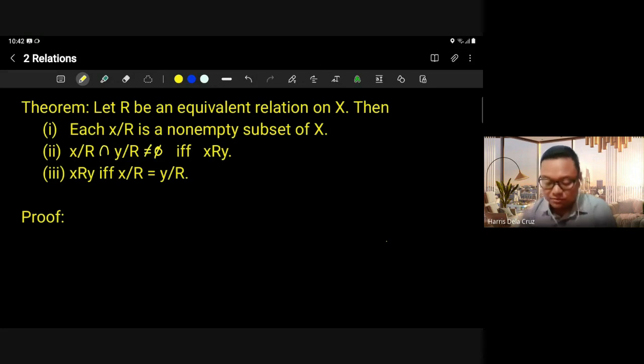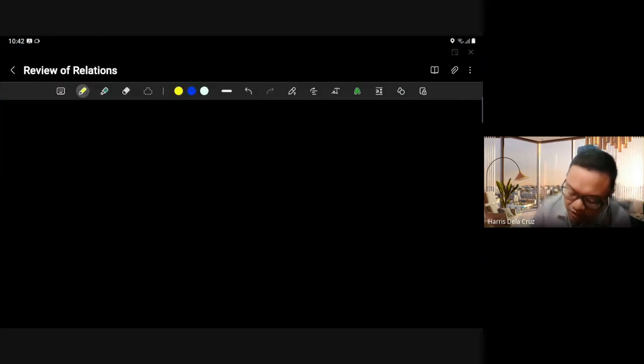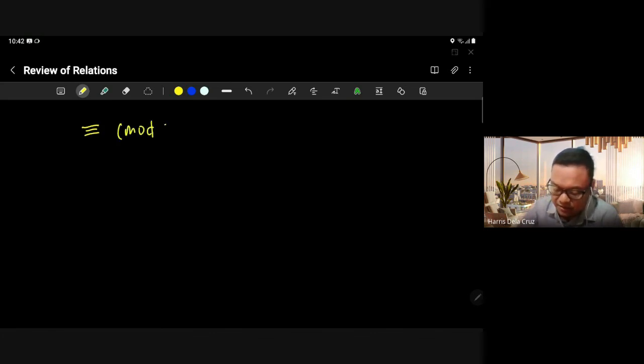Okay. So first, before we prove, let me just illustrate the properties bago natin i-prove ha. Pakita mo natin ano ibig sabihin natin dun sa property na to. Para lang mas maintindihan natin. Okay. So let's say we have the modulo relation. For the purpose of discussion, magbigay ako ng specific M. So let's say modulo 7. Okay.